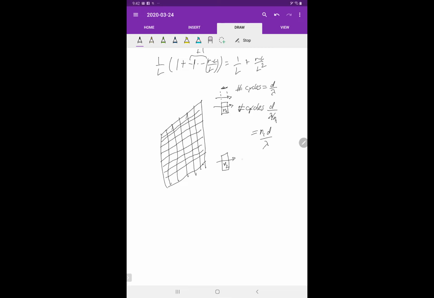The number of cycles here is d over lambda over n2, or n2 d over lambda. Then on each of these pixels, you get a different phase shift. By applying a voltage, I can make this phase shift whatever I want, because I can shift the value of n here, and I can shift the value of n there. So I can give each of these different phase shifts.